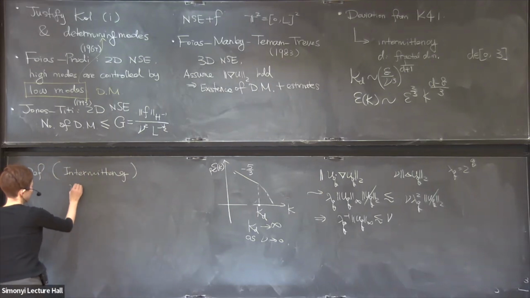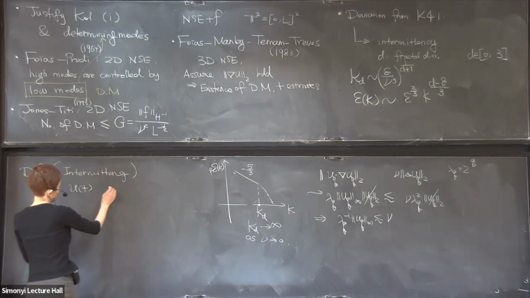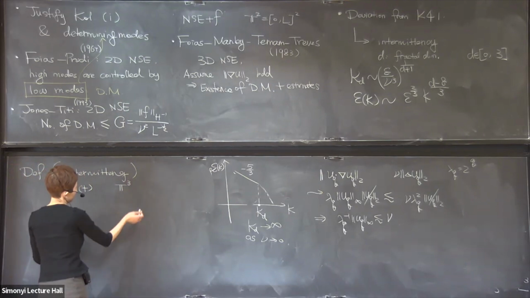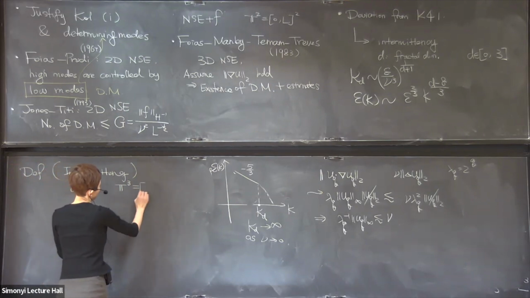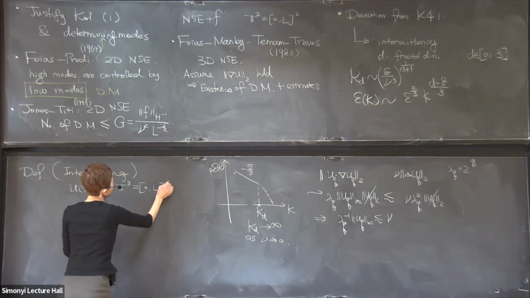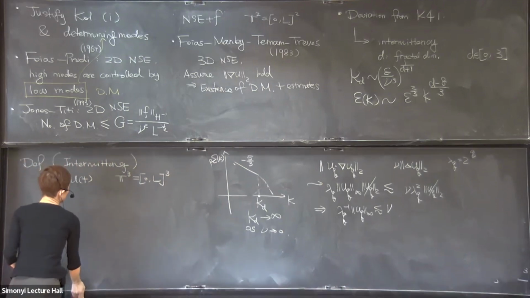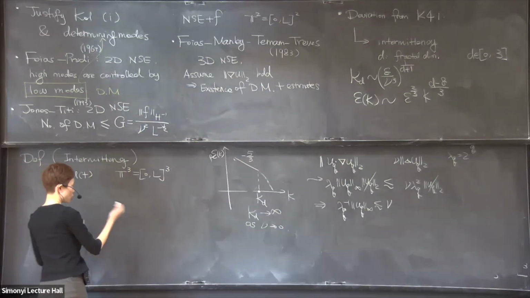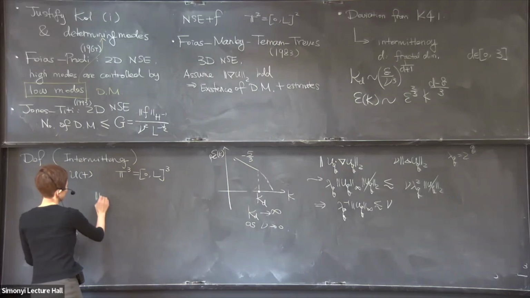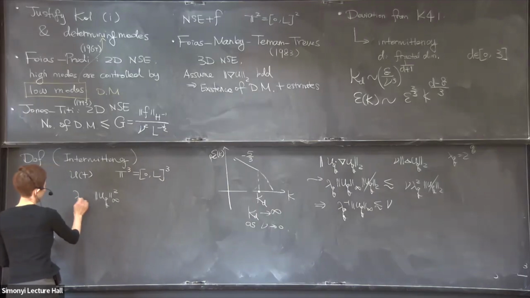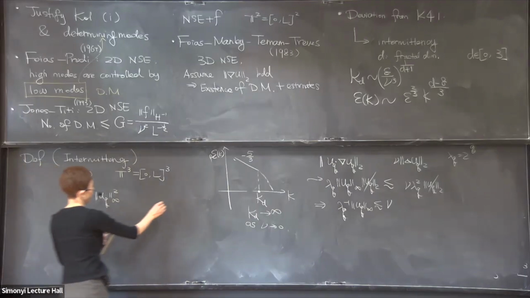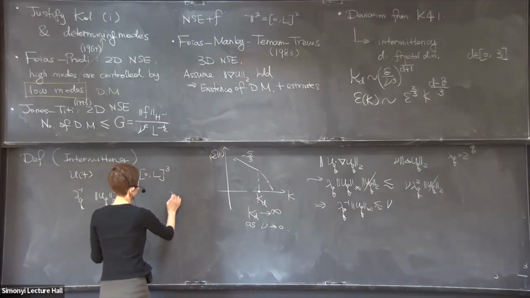So we look at a vector field on the 3-dimensional torus, and we look at two norms, the L-infinity norm and the L2 norm.